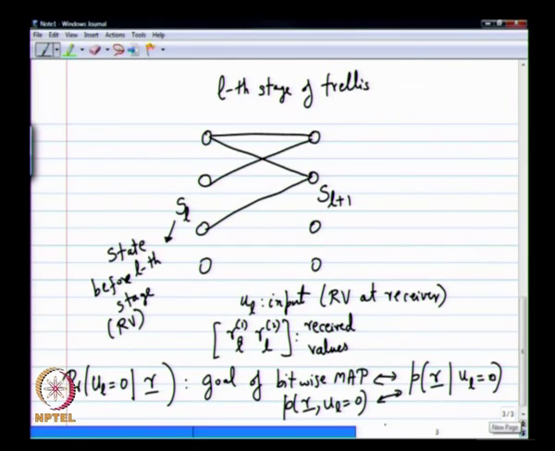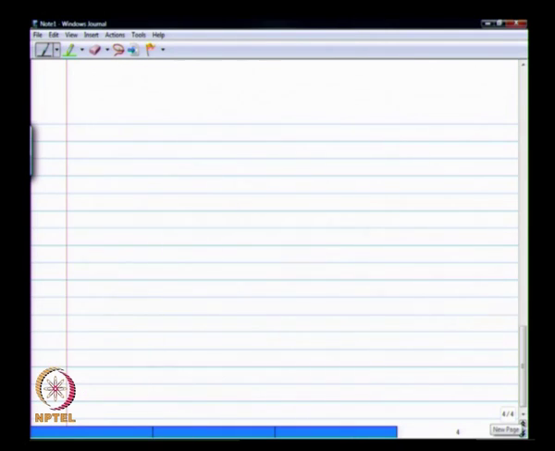So how do you simplify this? The probability of UL equal to 0 comma r. Now I am going to bring in the states.